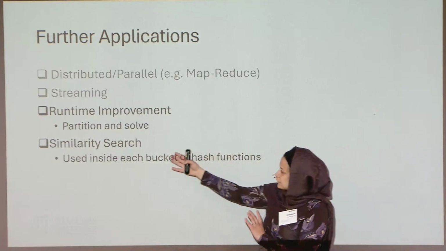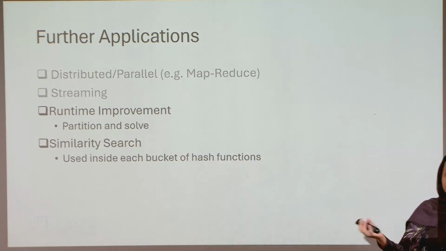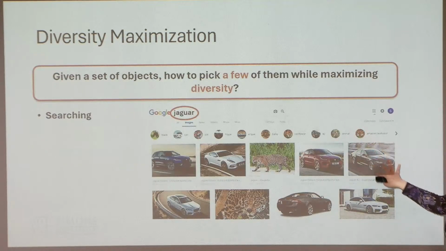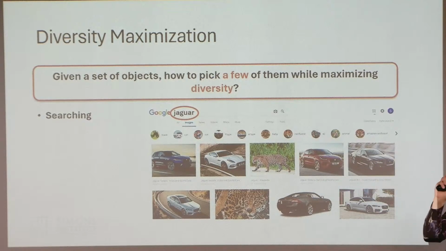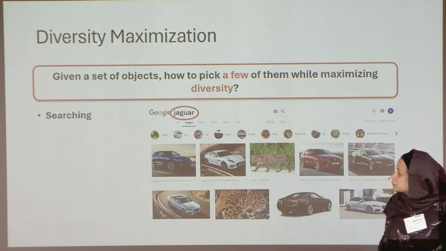We've used it in the context of similarity search, to answer, given a search query, how can we come up with a set of results that are all related to the query, but at the same time diverse. So we were using these coresets inside the hash buckets of a nearest neighbor search data structure.